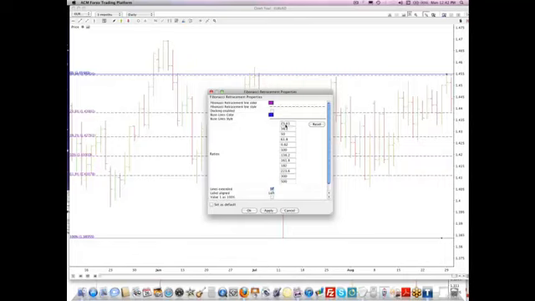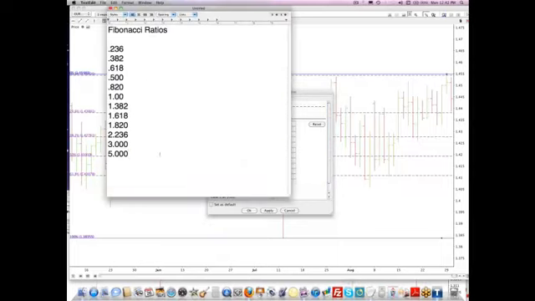It's okay, same thing. 38.2, 50%, 61.8. This is supposed to be 82, and I don't know why it didn't do that. So 82.00, okay, 100, 1.382, 1.618, 182%. Okay, that's an extra level you can throw in there. Did I give you that level? I think I did. Yeah, 182.